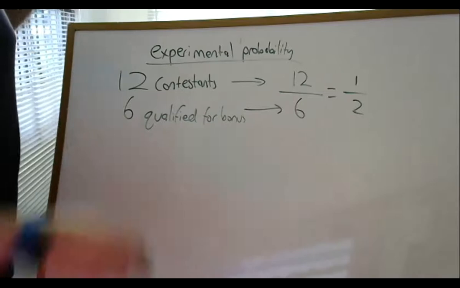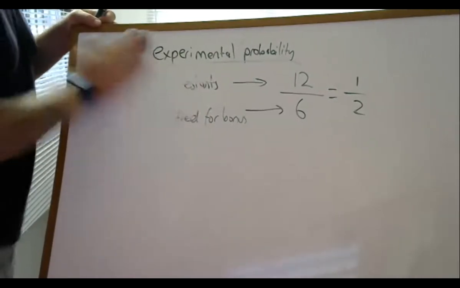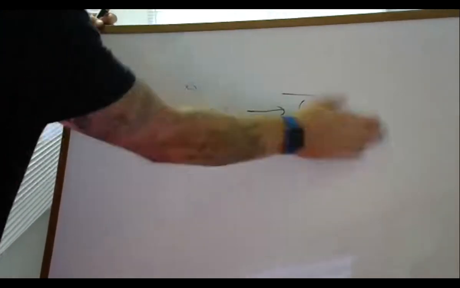All right, I will do another couple of these. I think that might be it actually. Probability. Everything else in probability in the later years builds off these basic concepts. Okay, so Kyle is playing darts.